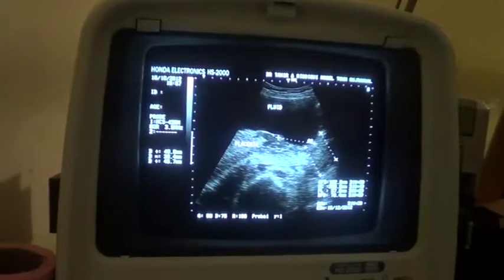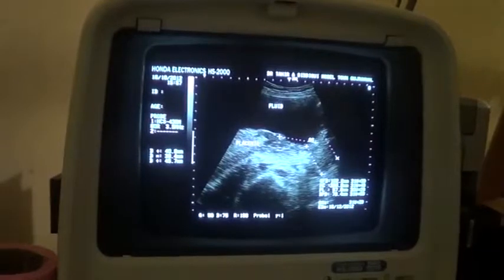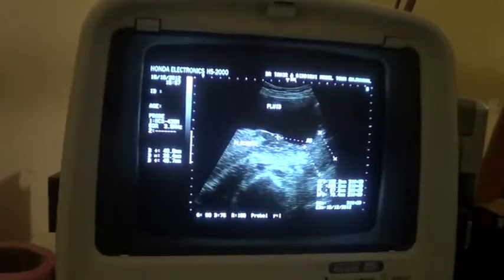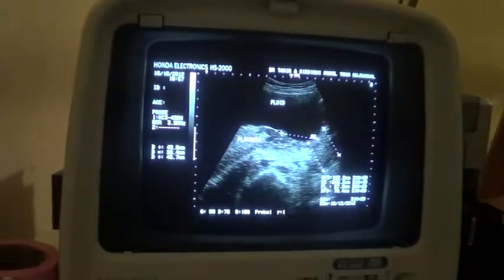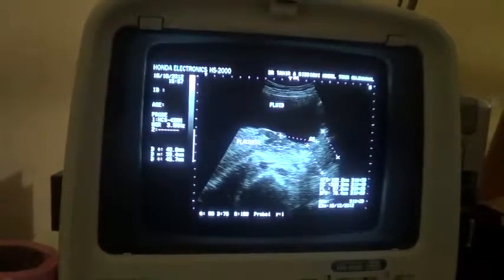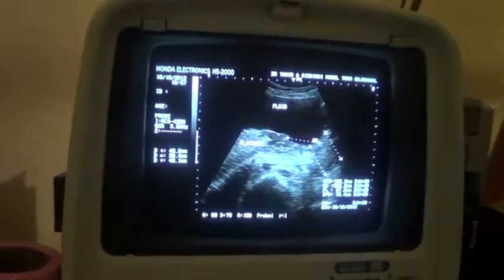We must see the length of the cervix. I should take it up to this level, 40 millimeters.